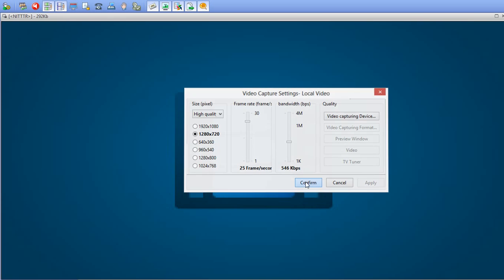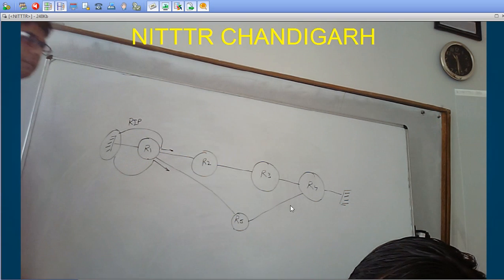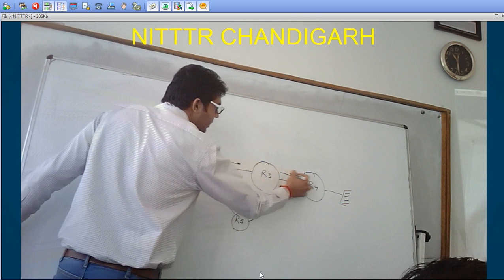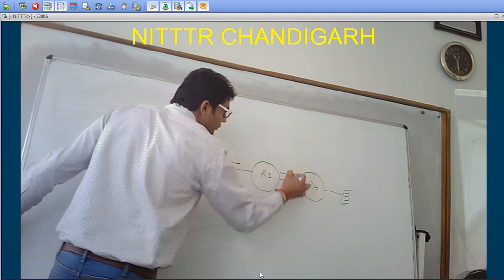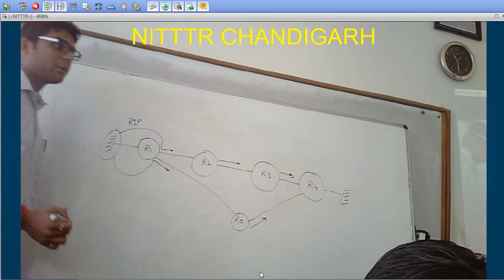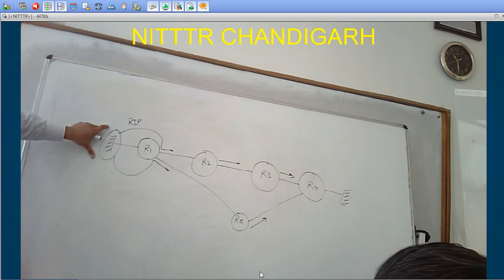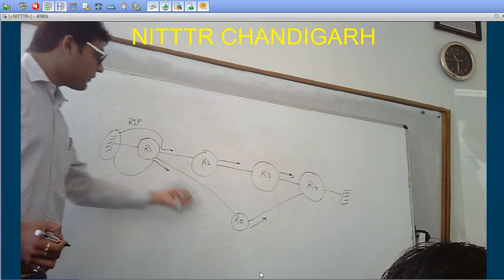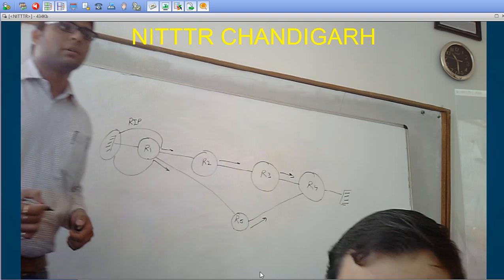Same routes will be carried in this direction and in this direction. So the same routes are traveling from R2, R3 to R4 and from R1, R5 to R4.